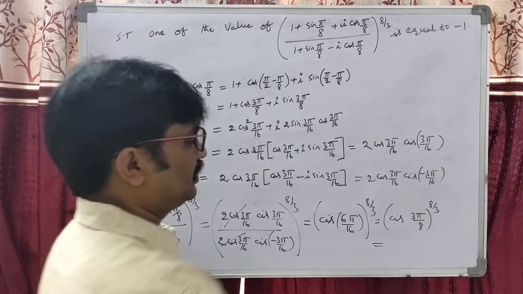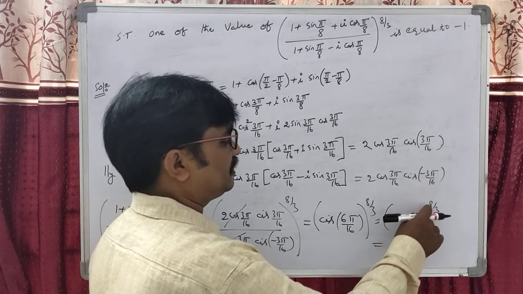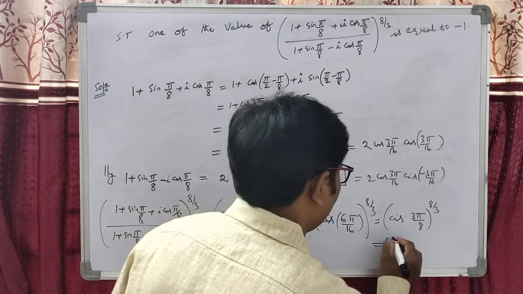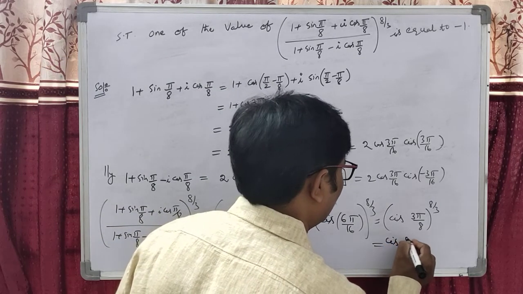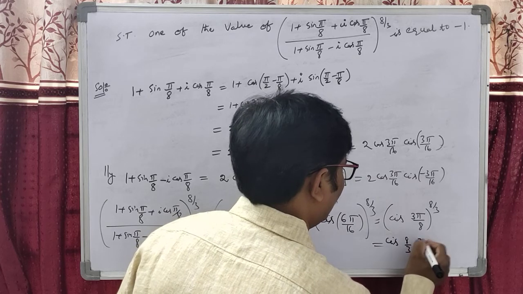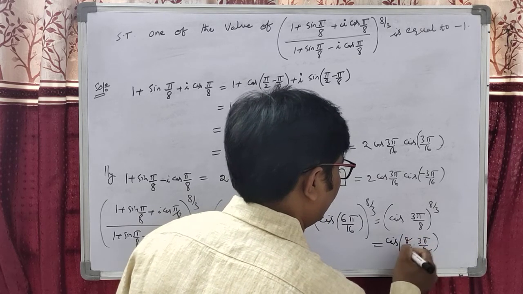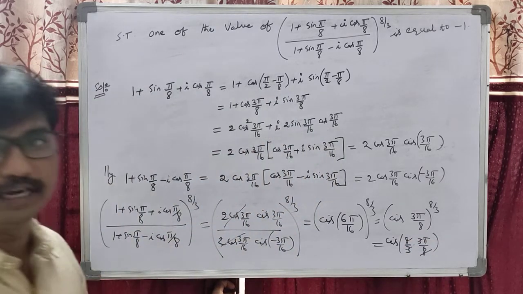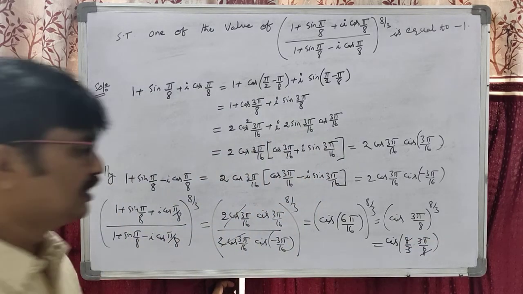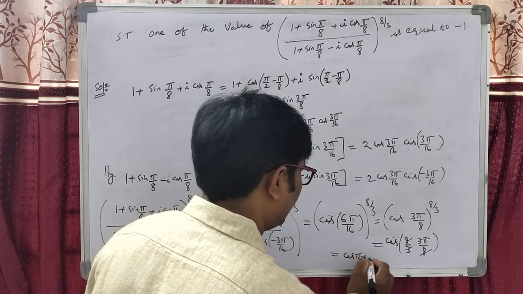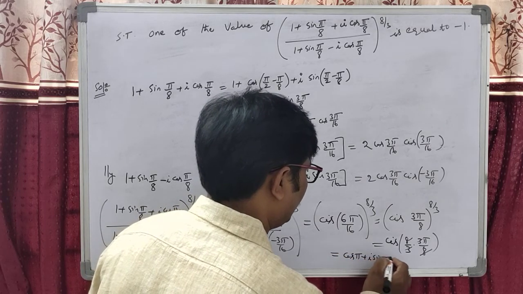That means directly cis power n θ is cis of n θ, that is 8/3 into 3π/8. After that 8 cancels, 3 cancels. Now this is cis π. Cis π means cos π + i sin π.